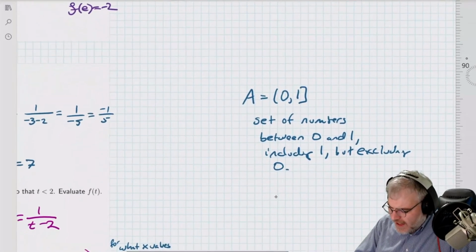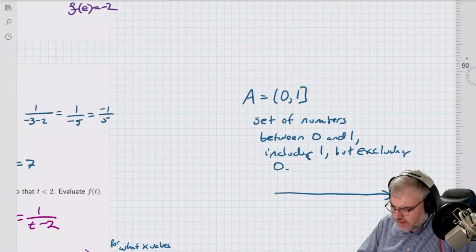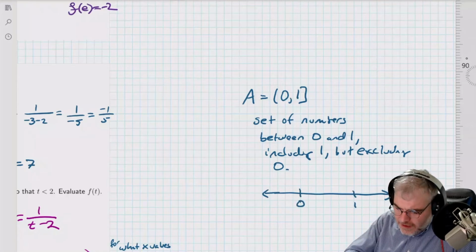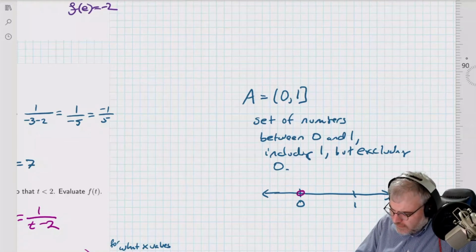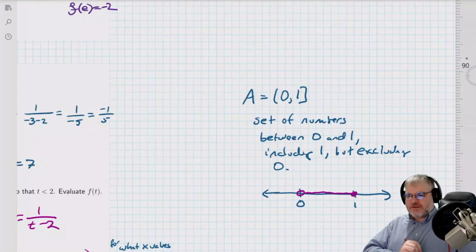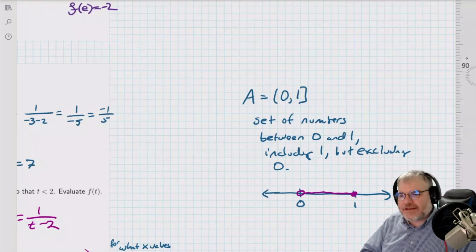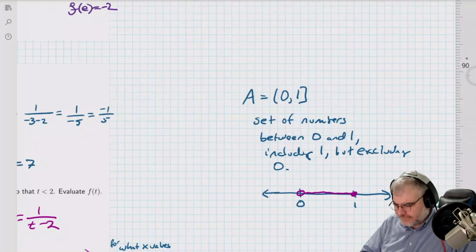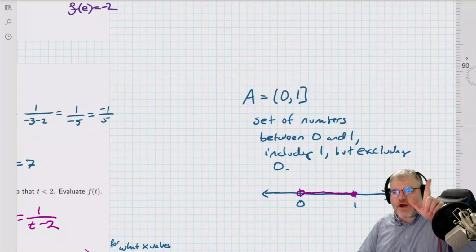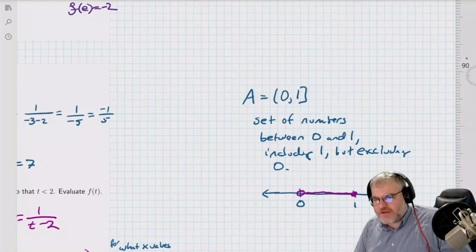All right, so if I have my number line here, here's 0, here's 1, I don't want this, but I do want this. Okay? 1 to 5, how do we feel about this interval notation?